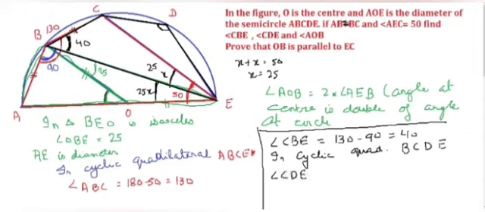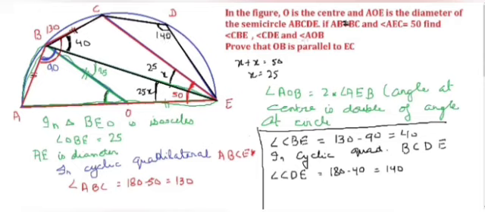Angle CDE will be opposite of 40, or we can write it as 180 minus 40. The reason you can write is that the sum of opposite angles in a cyclic quadrilateral is 180. So from here you will get 140. So this is your 140.